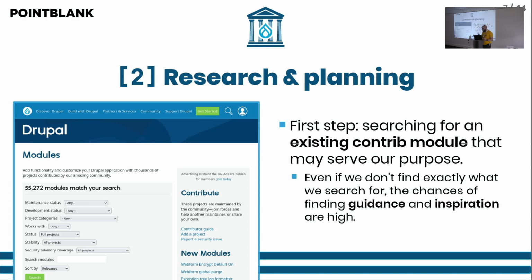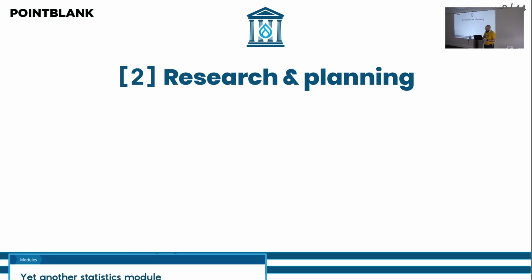So, as the first step, we always search for existing contrib modules in order to see if they fit our case. Even if we don't find one, usually we find some inspiration and guidance as to how we can develop ours.